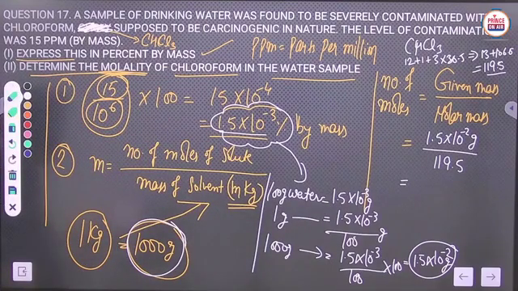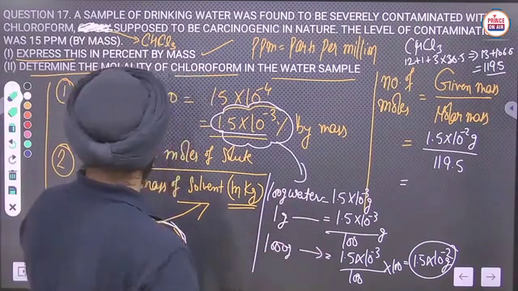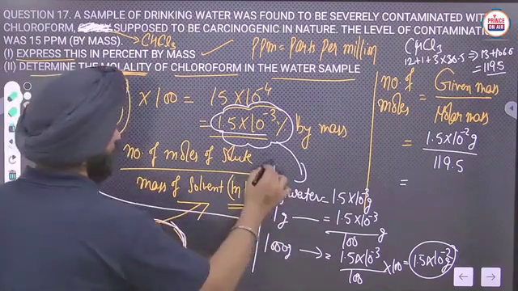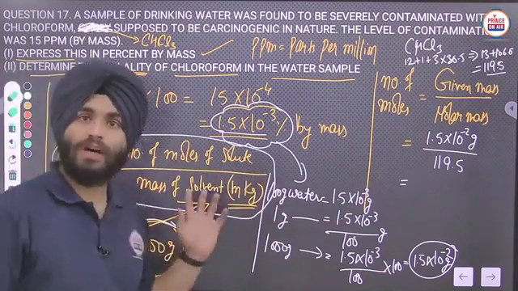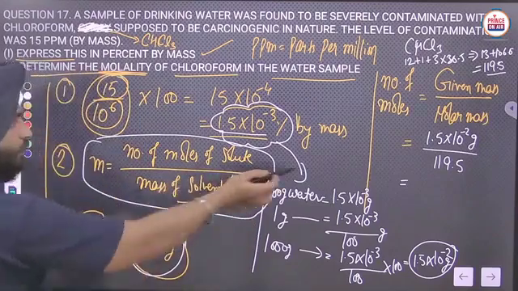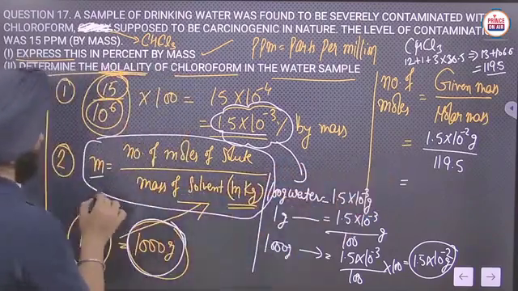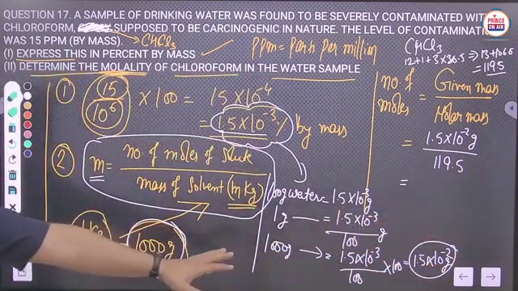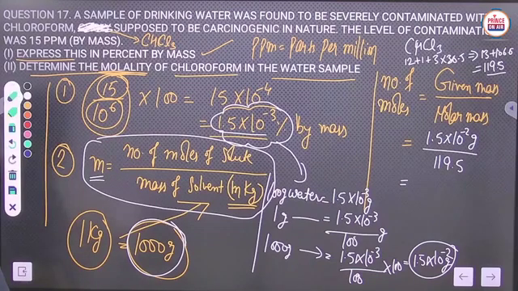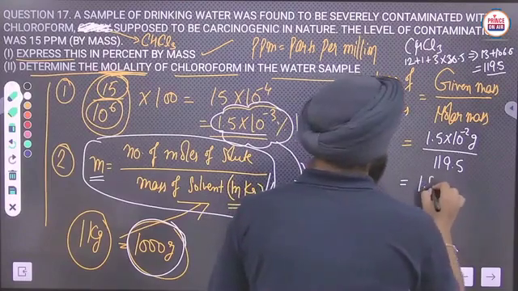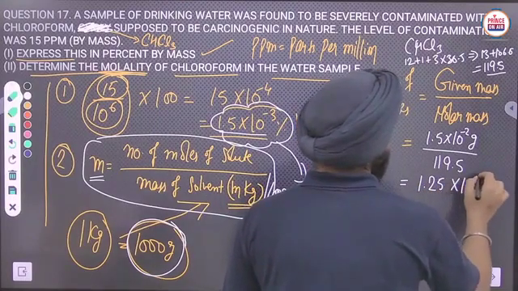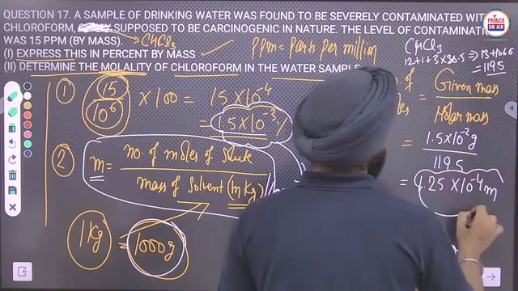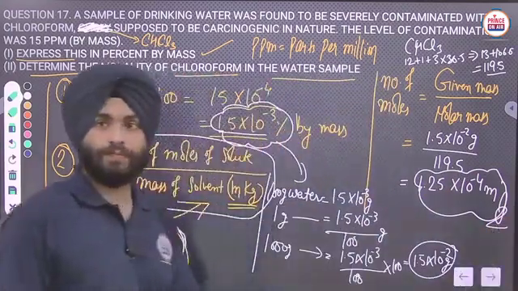If you get the number of moles, this is the formula for molality, and in that case the mass of solvent is 1 kilogram. So the value that you get will be equal to the molality. Just solve this and the answer becomes 1.25 into 10 raised power minus 4 molar.